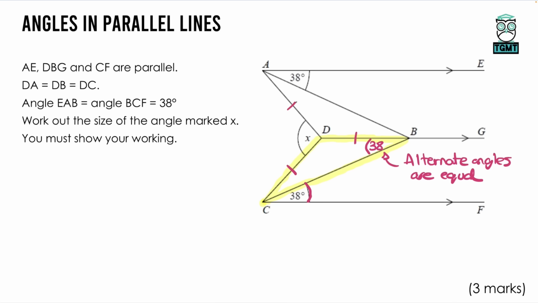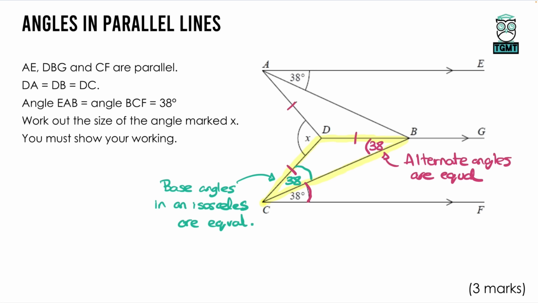On an isosceles triangle, base angles are equal. So this here is 38 as well. And although we're not giving the reason, it is that base angles in an isosceles are equal. That comes up quite a lot. So there we go. Base angles in an isosceles are equal.